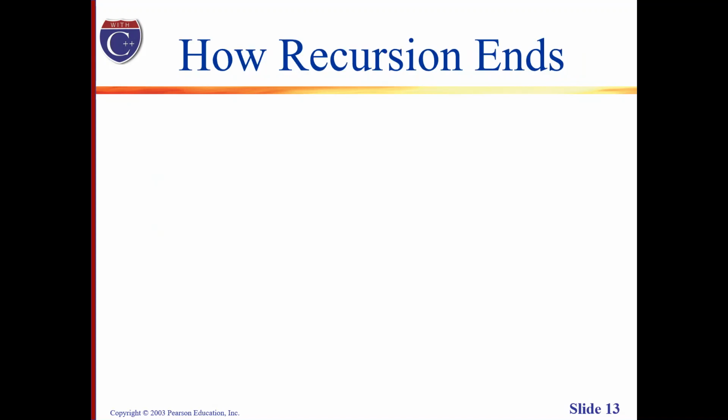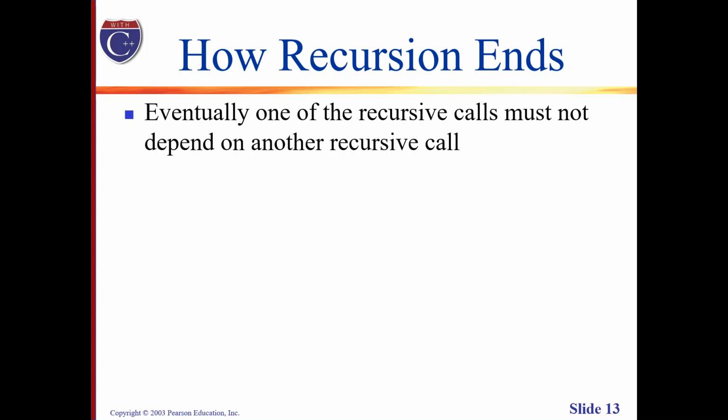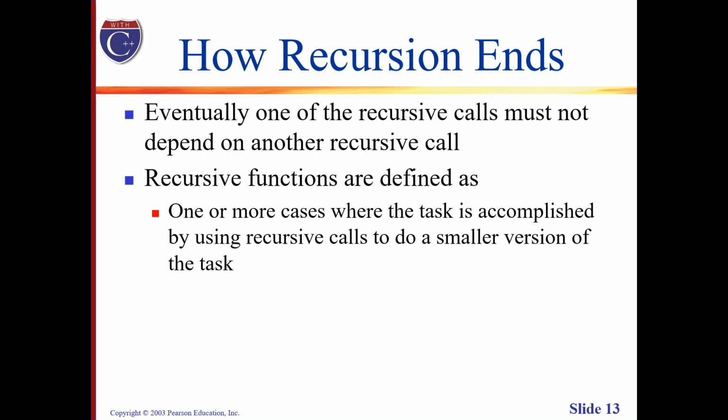So, how does recursion end? Eventually, one of the recursive calls must not depend on another recursive call. Recursive functions are defined as one or more cases where the task is accomplished by using recursive calls to do a smaller version of the task. As we have seen a while ago, we performed a task by subdividing it into recursive calls.